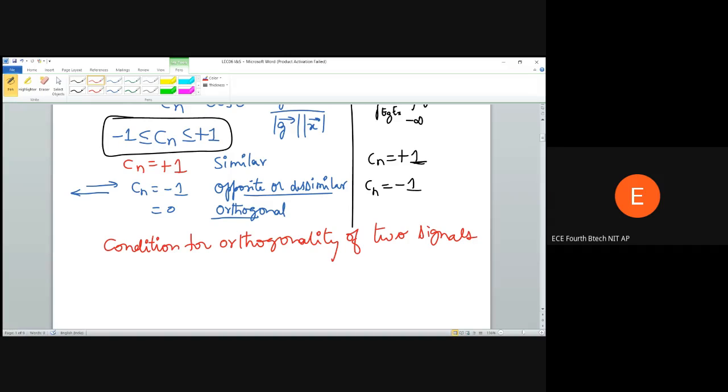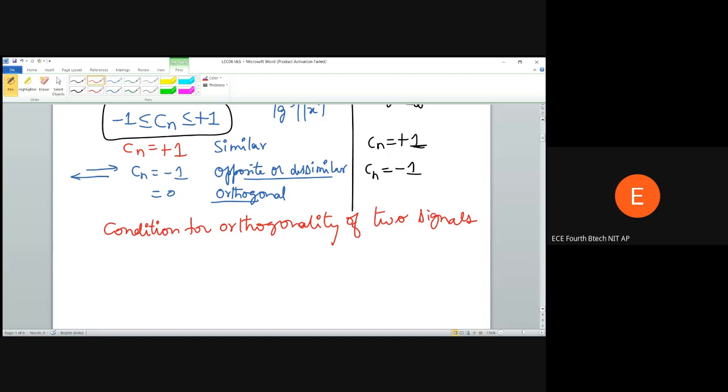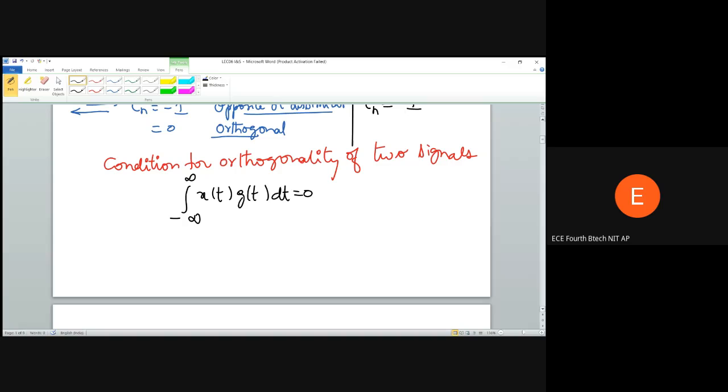For two signals x of t and g of t, the integral from minus infinity to plus infinity of x of t g of t dt is equal to 0. If this is the case, then you can say that those two signals x of t and g of t are orthogonal.